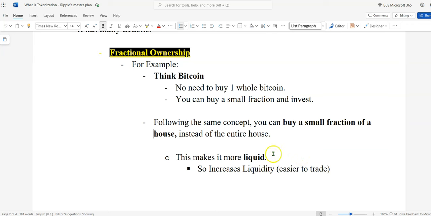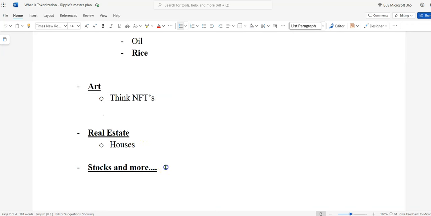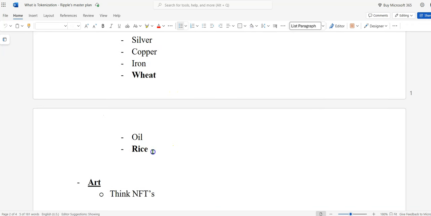That's what liquidity means. A house is very illiquid at this moment, but if you have fractional ownership, it will make it more liquid. And this, of course, is for everything, right? Everything that I mentioned up here. Rice. How do you even invest in rice?